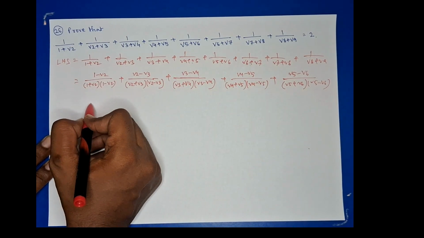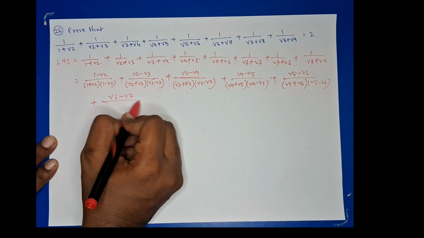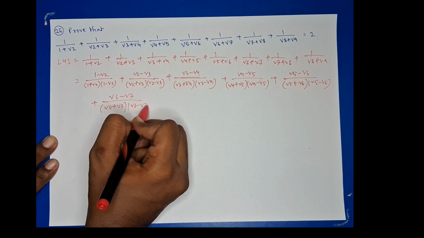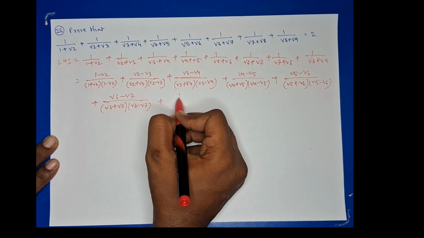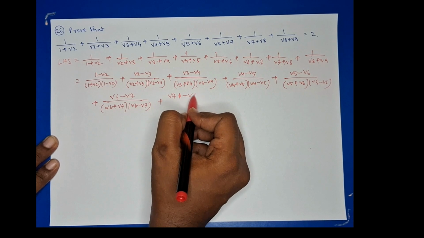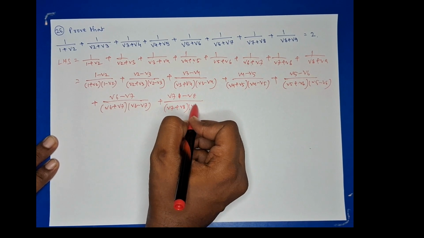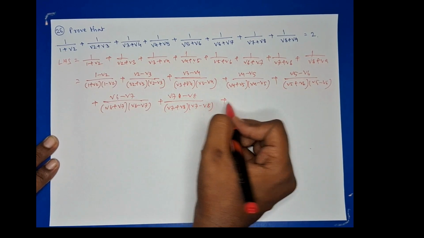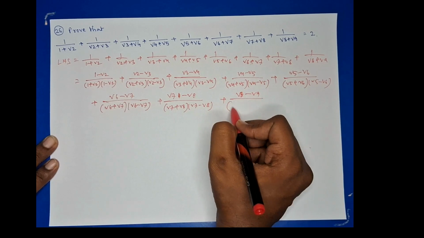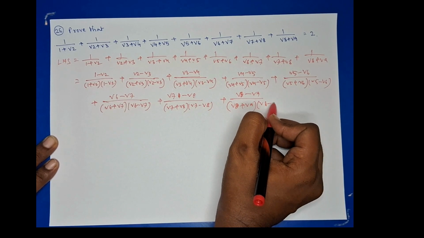Now this term, root 6 minus root 7 by root 6 plus root 7 into root 6 minus root 7, plus this term we are writing root 7 minus root 8 by root 7 plus root 8 into root 7 minus root 8. Again this one, root 8 minus root 9 by root 8 plus root 9 into root 8 minus root 9.